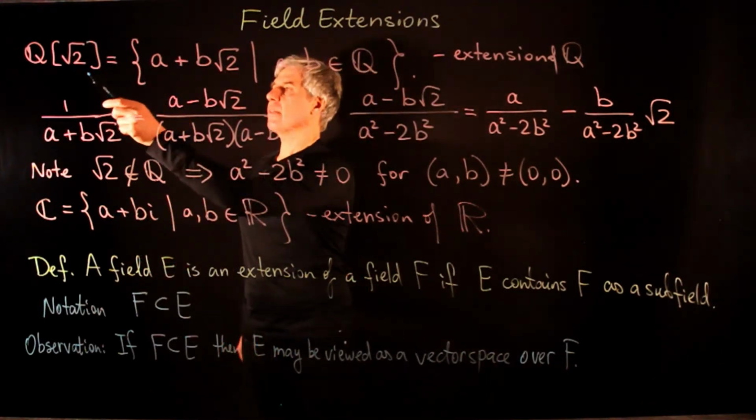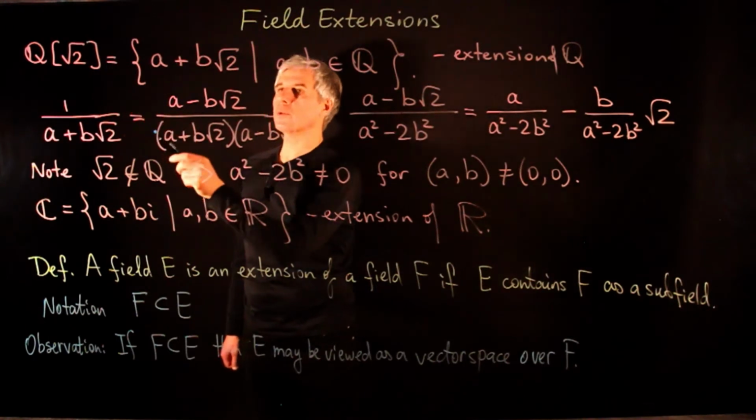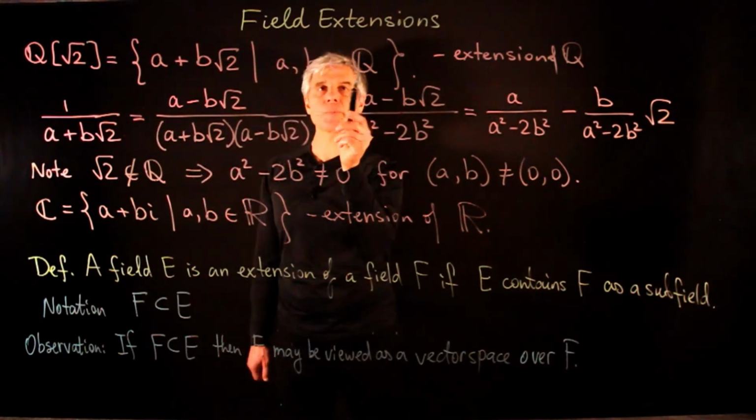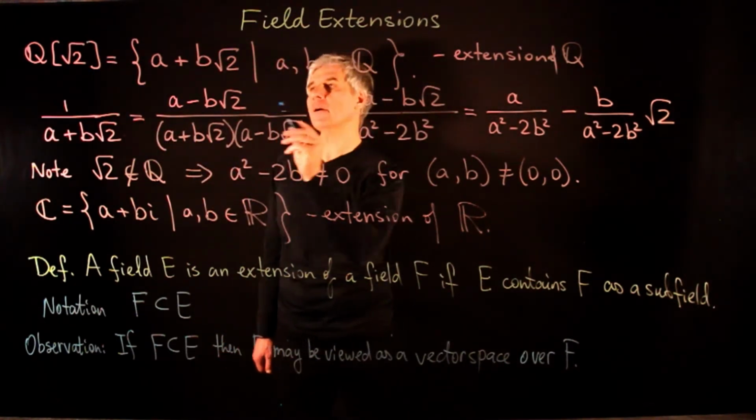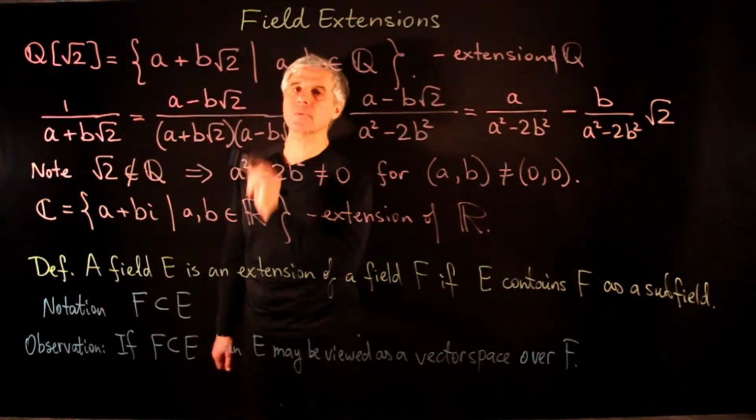Similarly, we can see that Q adjoined square root of 2 is a two-dimensional vector space over the field of rational numbers with basis 1 and square root of 2.